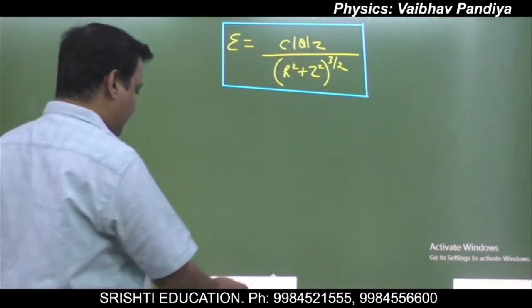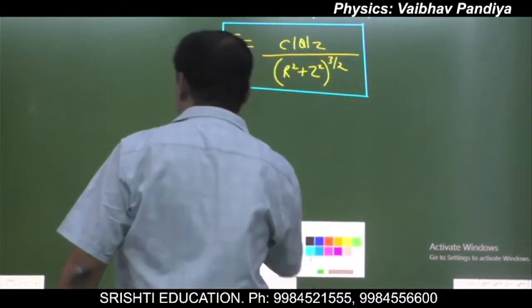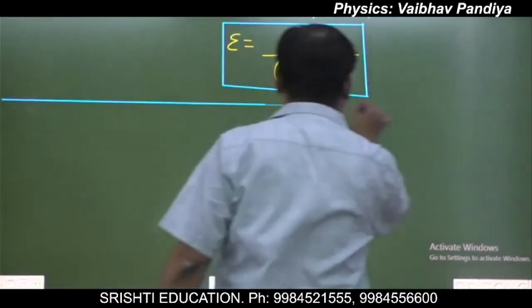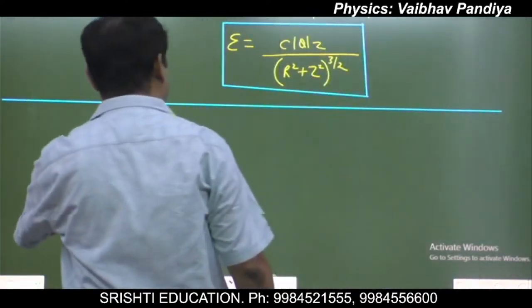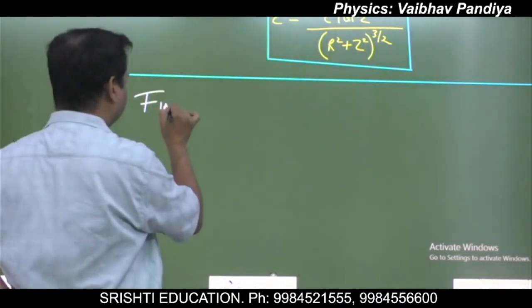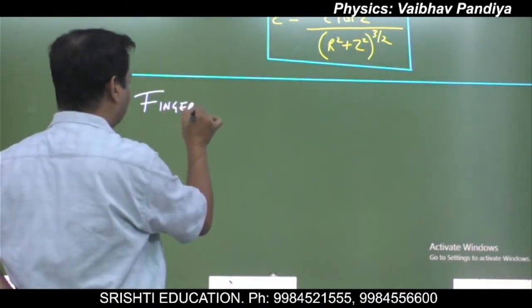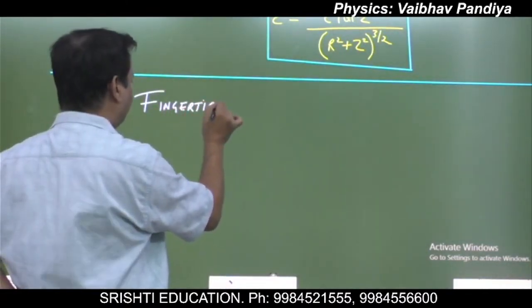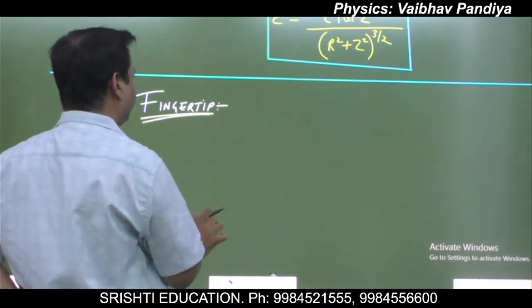Okay. Now, as I told you, this formula will be used in many of the numericals, many of the secondary applications. So we will have it on fingertip.